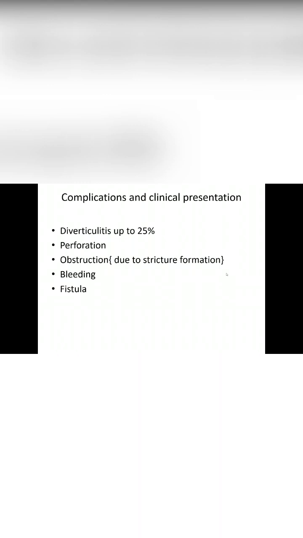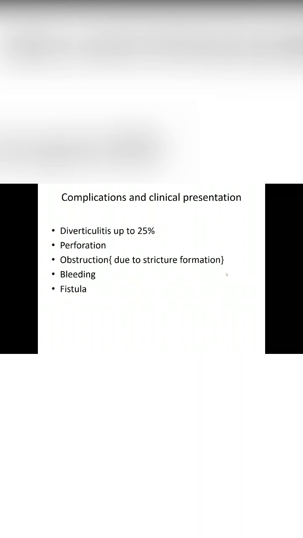Okay, the third presentation is perforation. How do they present? Localized or generalized peritonitis. They might develop generalized tenderness, rebound tenderness, and rigidity. And there is a staging system for that if you do a CT scan.